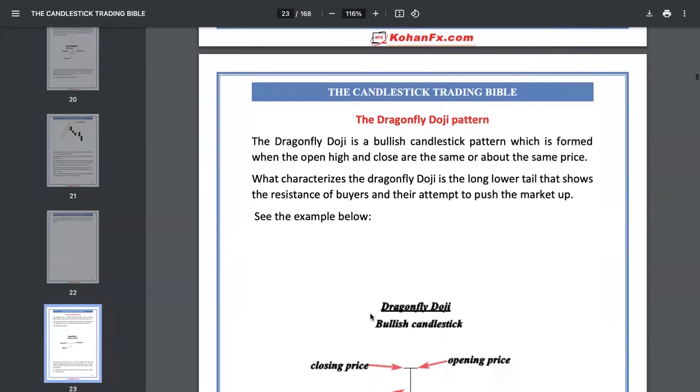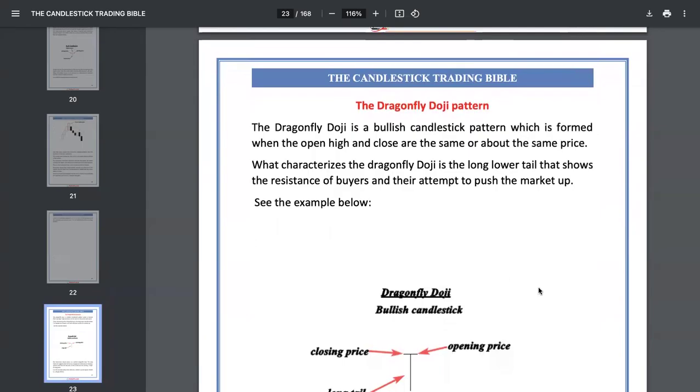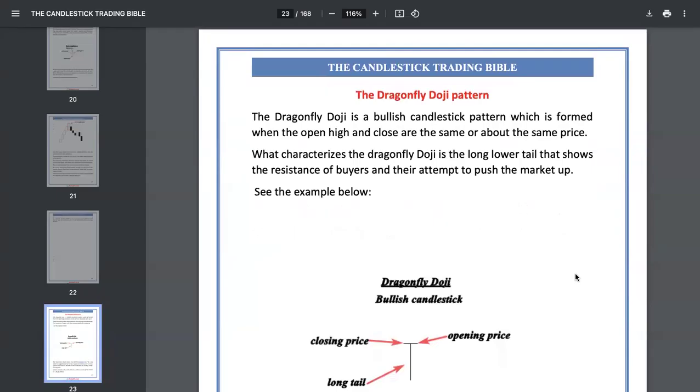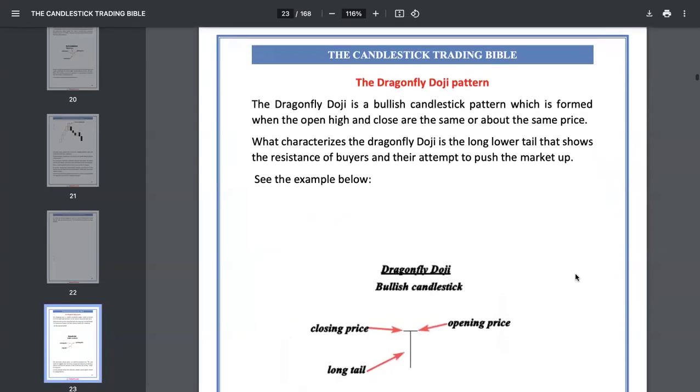So the next type of doji pattern is the DragonFly Doji pattern. The DragonFly Doji is a bullish candlestick pattern which is formed when the open, high, and close are the same or about the same price.